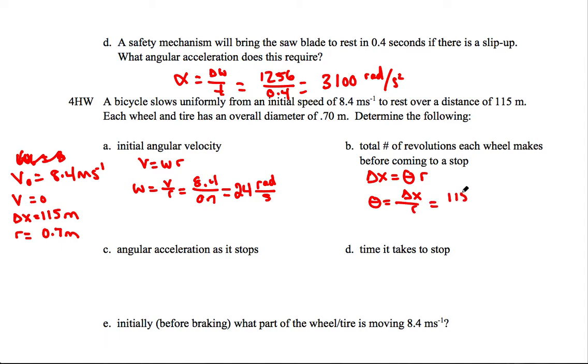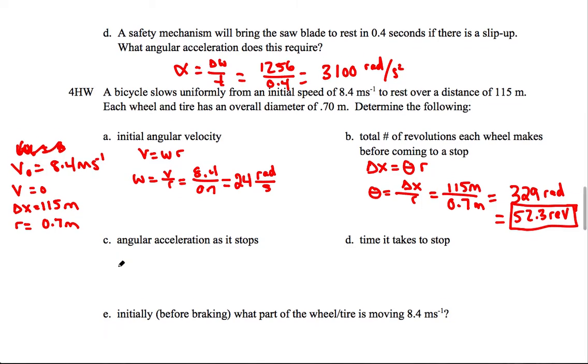So I take my 115 meters, I divide it by my 0.7 meters, and that gets me 329 rad, and then I convert that to revolutions, and I get 52.3 revolutions, and that's my final answer, because I'm asking for how many revolutions. So in other words, the bicycle wheel has to go around a little over 52 times in order for it to cover the 115 meters.